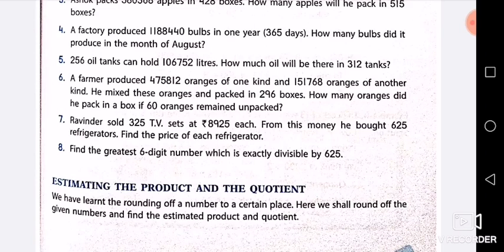Okay children. Now the question is, which two basic operations have we used in this question number 5? Yes, first division and then multiplication, two fundamental operations we have used in this question number 5. Okay. So, let's do this question.